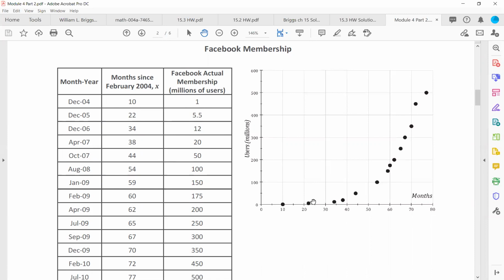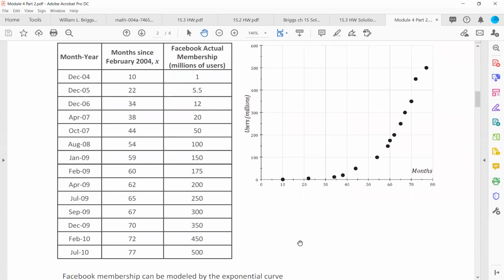This is not a linear model. It doesn't follow a linear trend. It is an exponential trend. So we have information until July 2010, 77 months, with 500 million users.